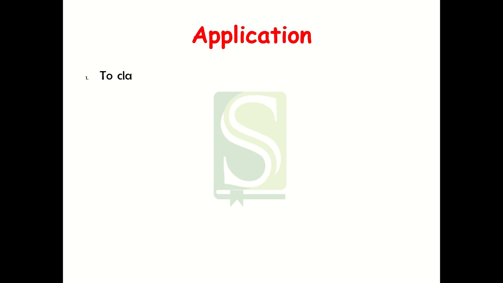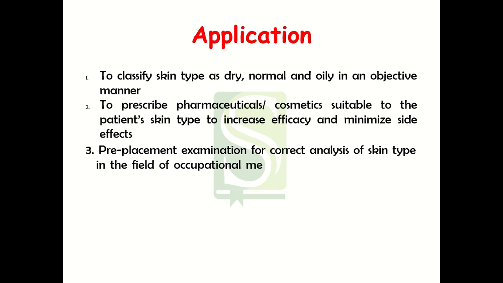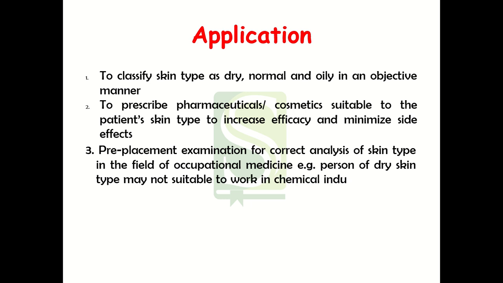Okay, what are the applications of Sebumeter? It helps you to classify the skin type, if it is dry, normal, or oily, objectively. Then it helps you to prescribe pharmaceuticals or cosmetics which are suitable to the patient's skin type, so as to increase the efficiency and minimize the side effects.